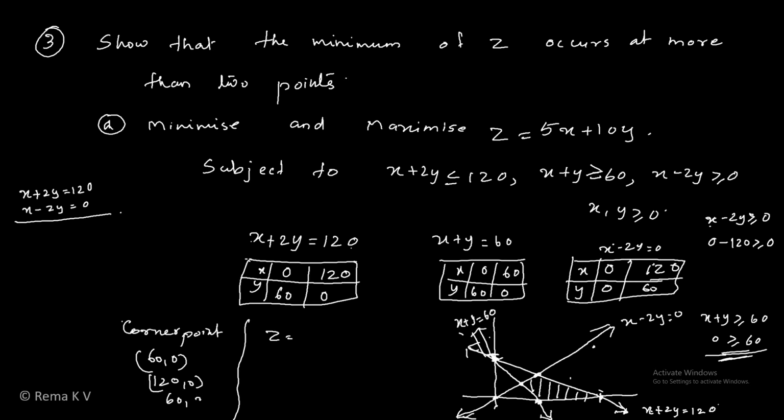Okay, 60, 30 is another corner point. Now you have to find out this also. That is, you have to solve x plus y is equal to 60 and x minus 2y is equal to 0. That is these two lines.